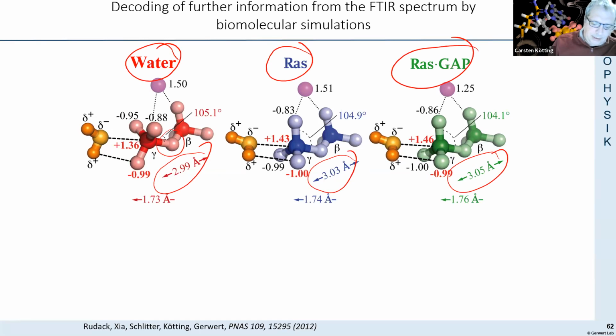And also another thing you see is that if you look at the partial charges, which you also get out of the calculation, the charge of this phosphor atom is getting more positive. And by getting more positive, it's more prone to the nucleophilic attack of the water molecule. So these are two of the key reasons why we have this acceleration of this reaction here.